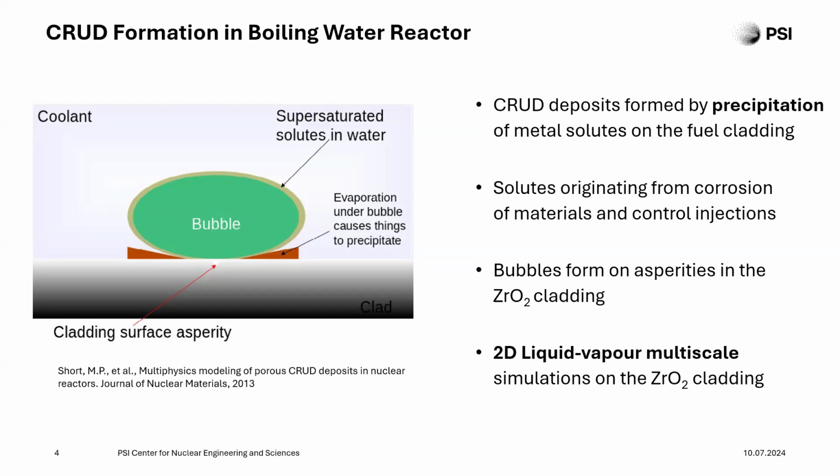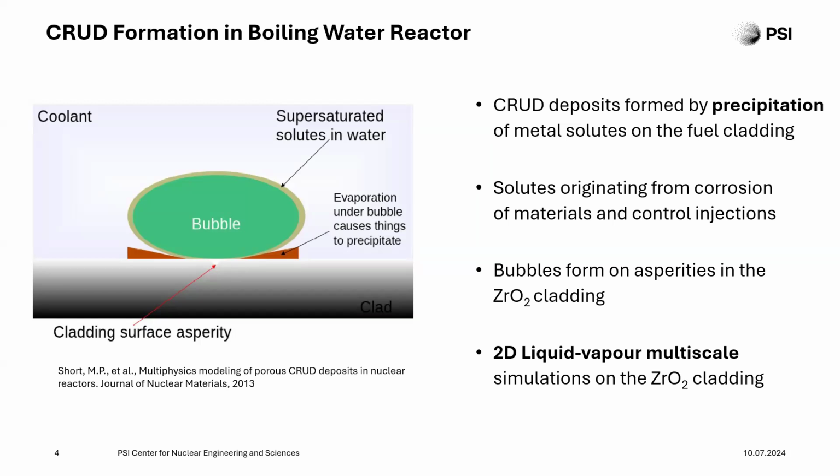They are composed of a lot of metals: iron, zinc, nickel. And what happens is that in the cladding that surrounds the fuel rod, which is usually zirconium oxide or zirconia, you have some surface roughness, which then leads to the creation of bubbles. And as the bubble expands, you then have the metal solutes precipitating on the sides of the bubble.